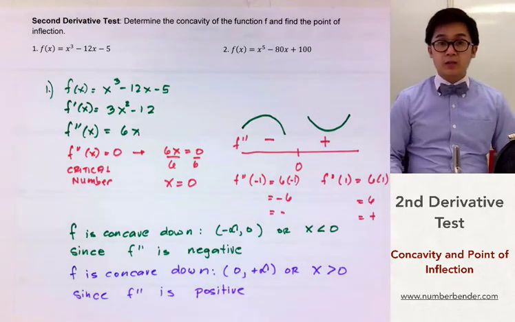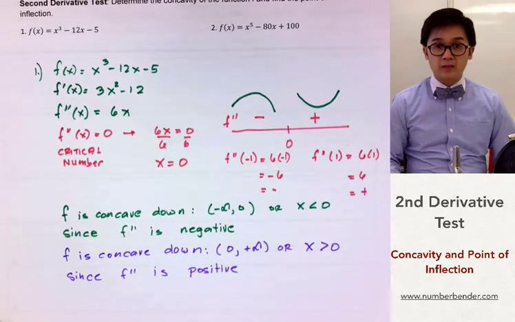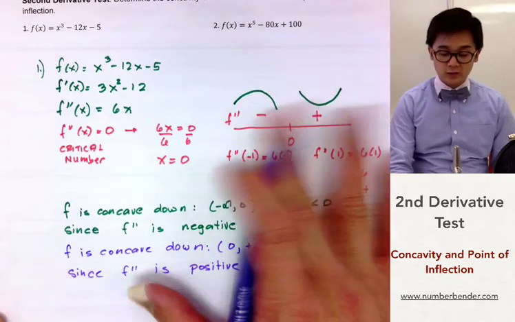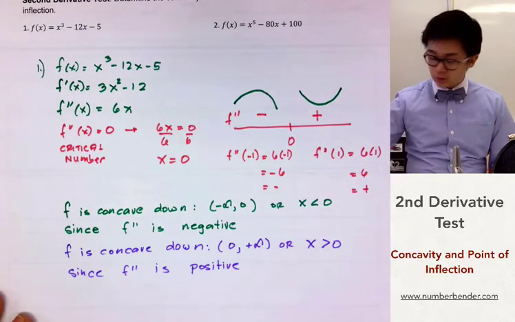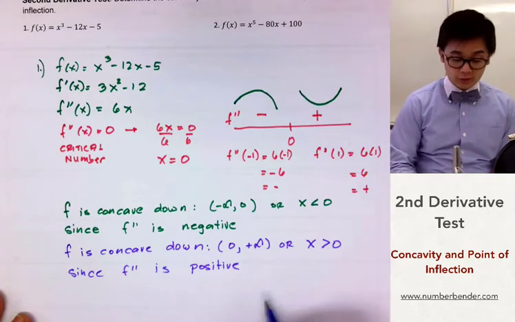Now, another condition about concavity is when you have opposite concavity, concave down and concave up, around a given critical number, you are going to have a point of inflection for your function f.